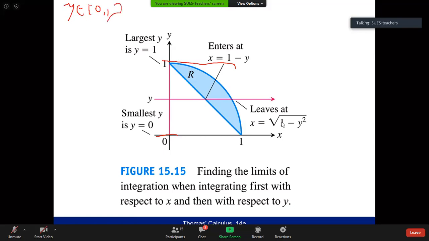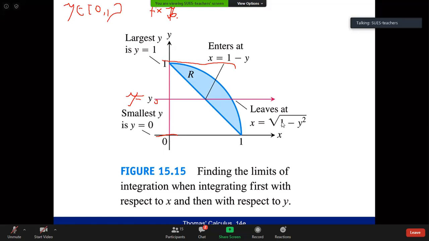And then you fix y0, okay? The next step is to fix y0, and then you draw a line y equals y0. The lower limit and the upper limit depend on the x-axis.